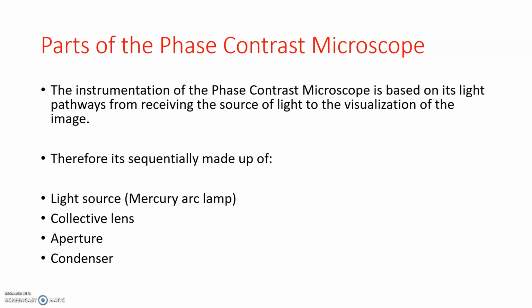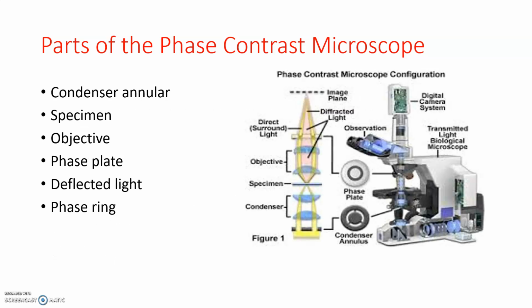Therefore, it is made up of a light source, that is a mercury arc lamp, then collective lens, aperture, condenser, condenser annulus, specimen, objective, phase plate, deflected light and phase ring. So these are the different parts of a phase contrast microscope.